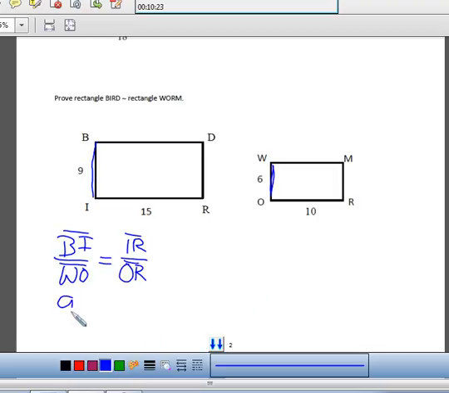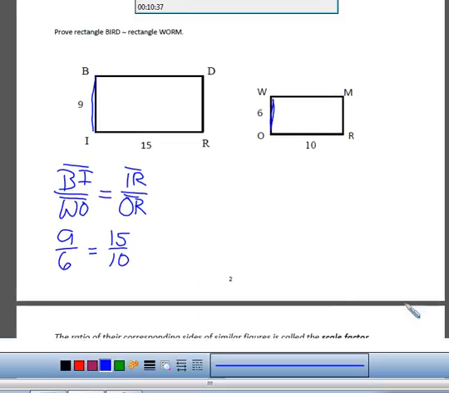So 9 over 6, is that equal to 15 over 10? And the answer is yes, because if you simplify them, this is 3 over 2, or 1 1/2, and that's the same as 3 over 2, or 1 1/2. You can also find the scale factor, which is this number.